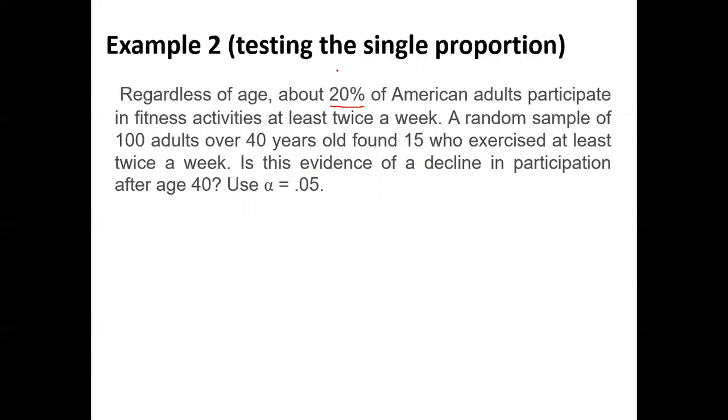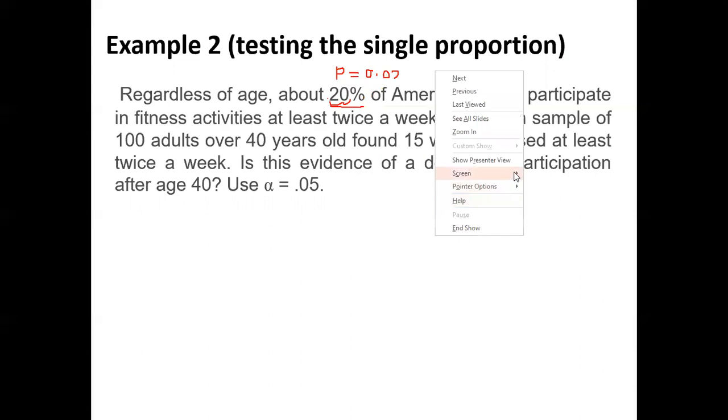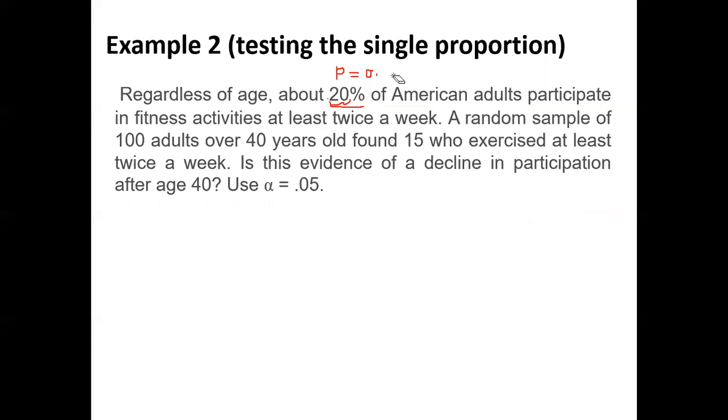So P, the proportion, is 20%. 20% is 20 divided by 100, so you get 0.2. So it is 0.2.